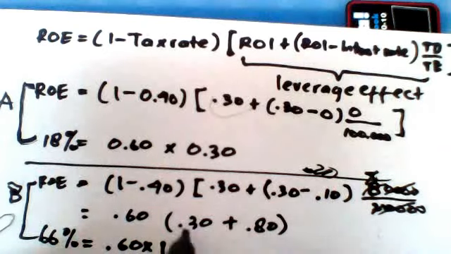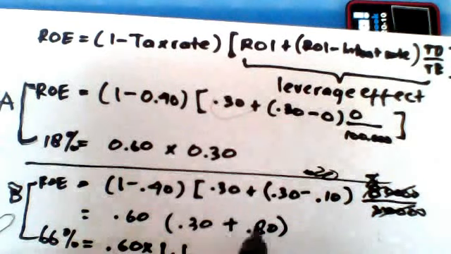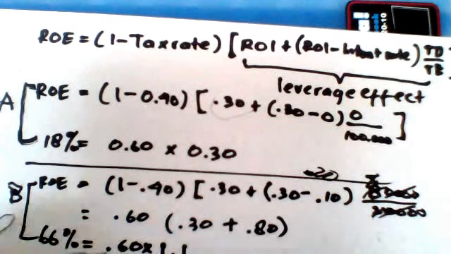Alright, so we have 0.30 plus 0.80, which gives us 1.1. That's mathematics. So 0.60 multiplied by 1.1 equals 66%.